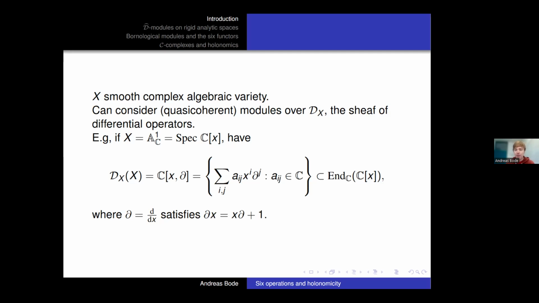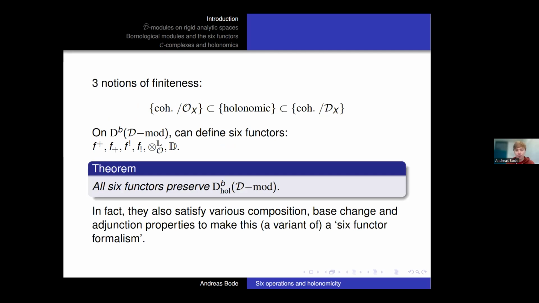And moreover, it's a very powerful framework to consider because there is a lot of structure coming with these categories of D modules. More specifically, you have three different notions of finiteness, what it might mean for a module to be finitely generated or something like this, right?